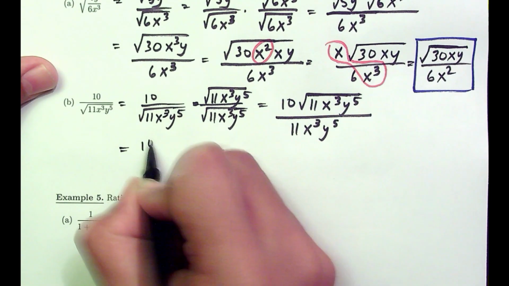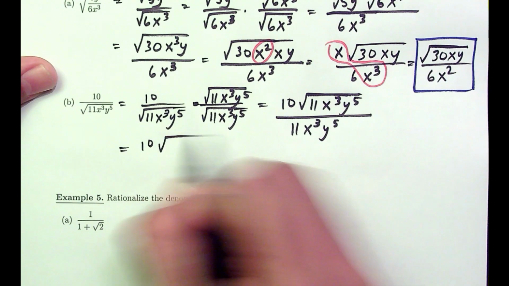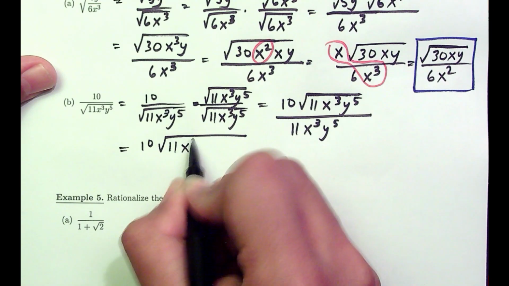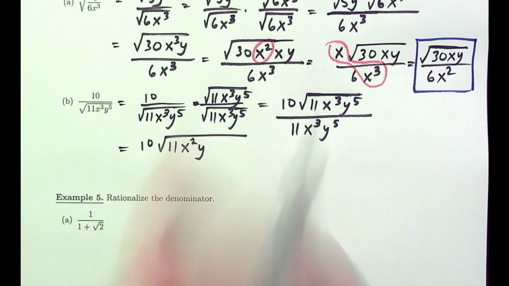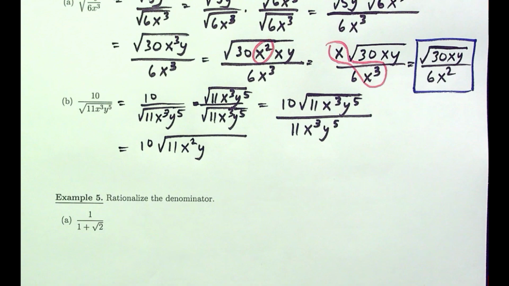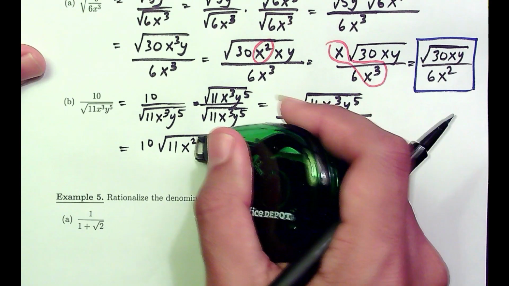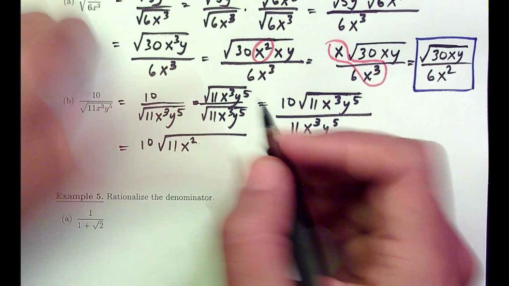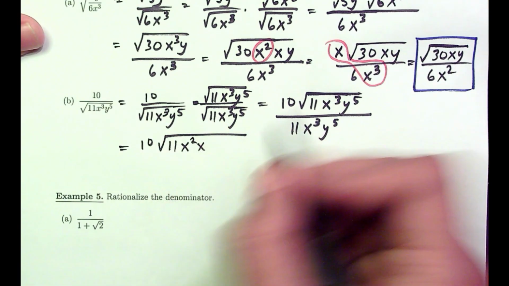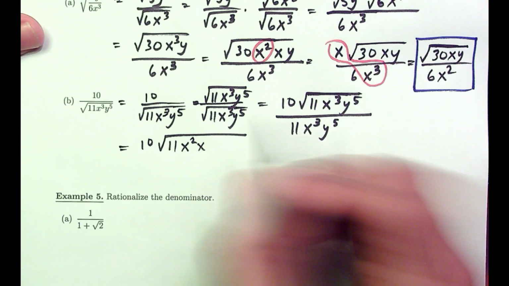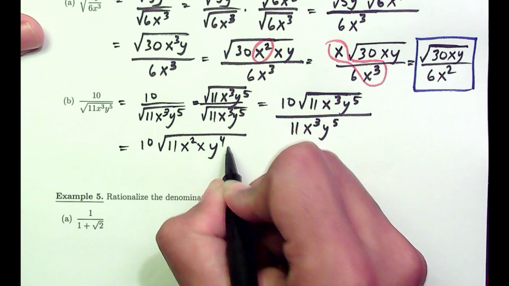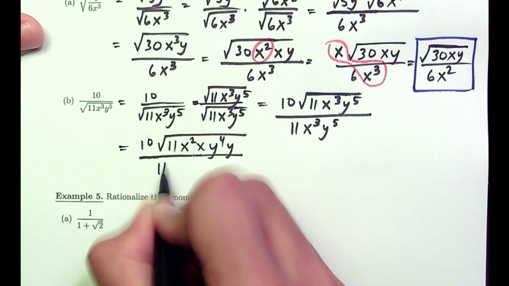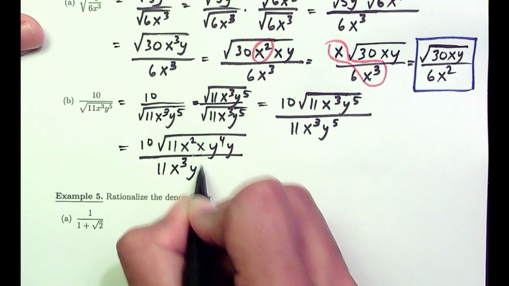So this is going to be 10 square root of 11, and then break up x cubed as x squared times x, and then you can break up y to the fifth as y to the fourth, and then left over y. All that over 11 x cubed y to the fifth.